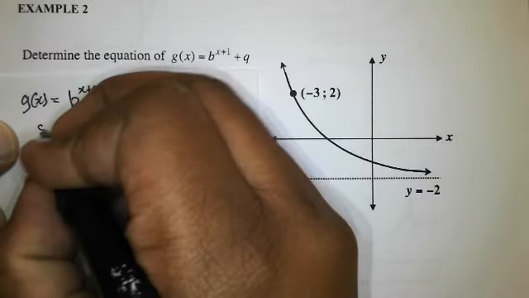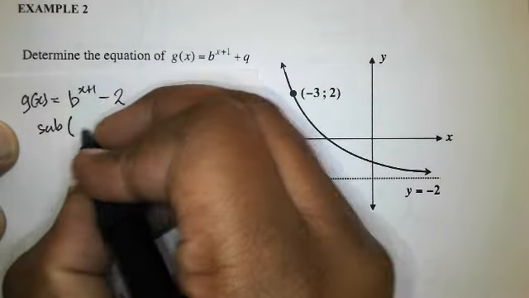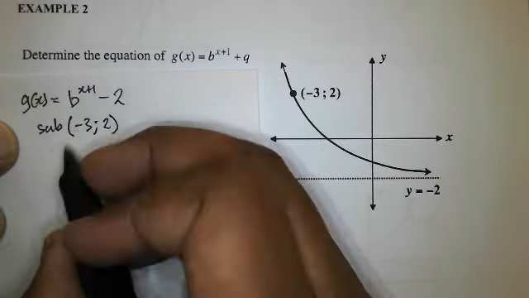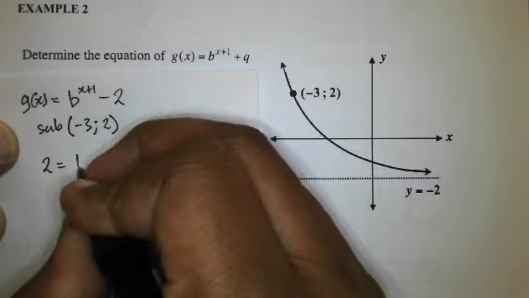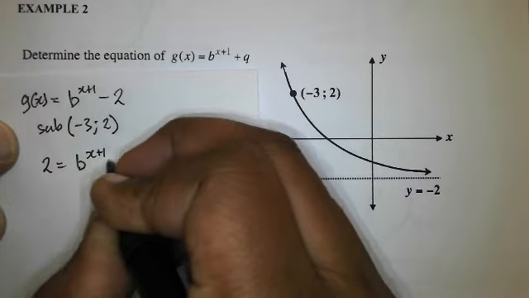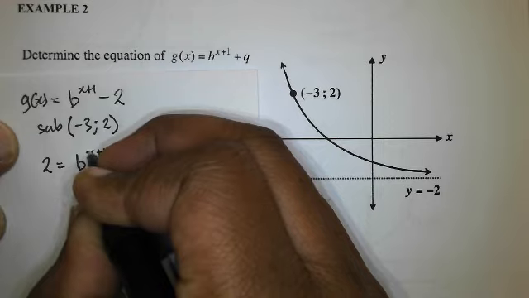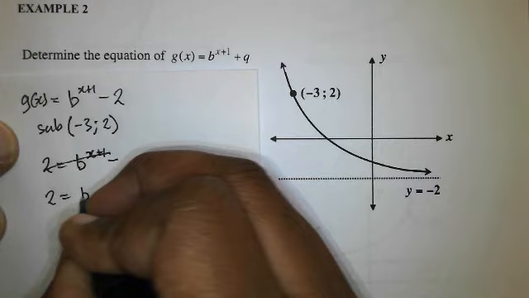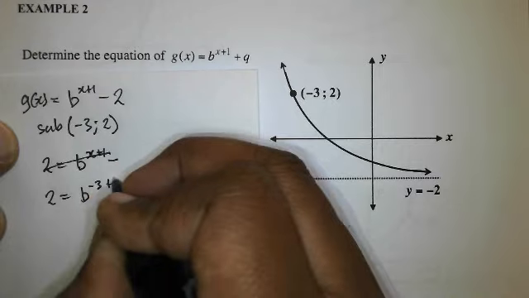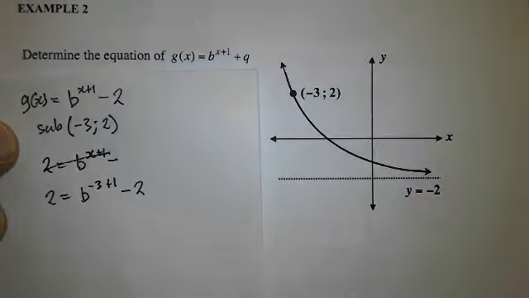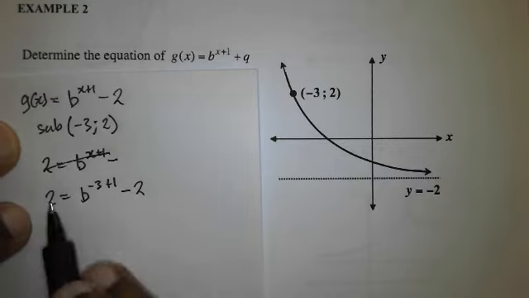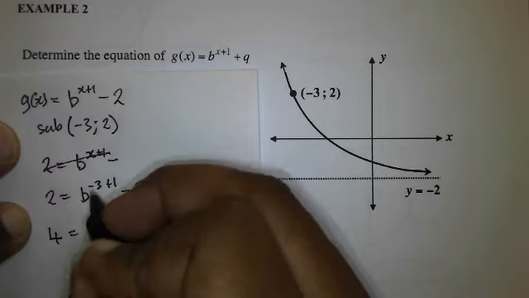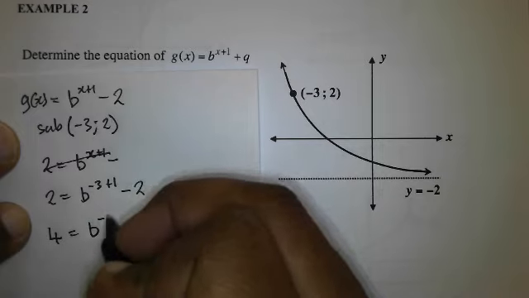So we're going to sub -3 and 2, putting 2 on the y. Yes, we are supposed to write -3. So 2 equals b to the -3 plus 1, minus 2. I can take the 2 over to make it 4 equals b to the power of negative 3 plus 1, that's negative 2.